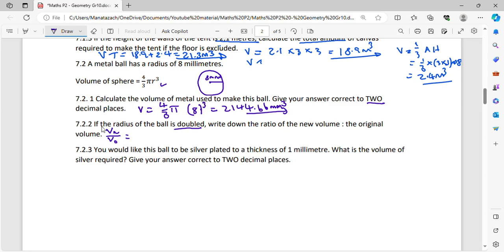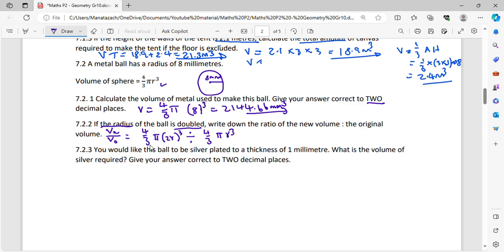The radius of the new volume has been doubled. So you'll have 4/3 pi times 2r, all of that cubed, for the new volume, divided by 4/3 pi r cubed, which is the original volume.